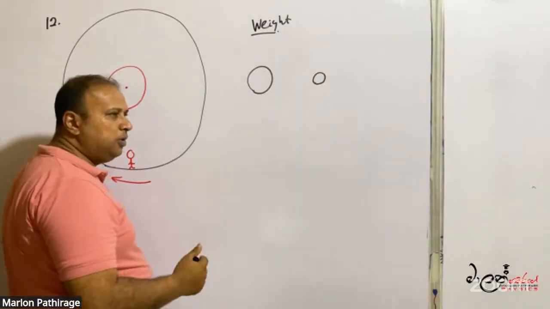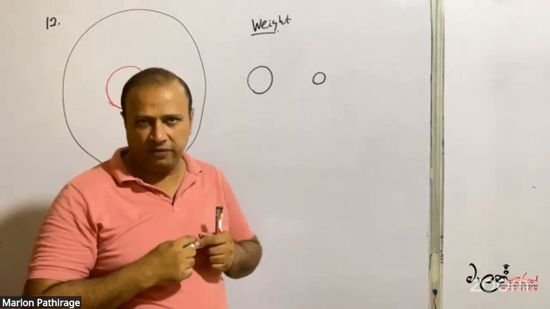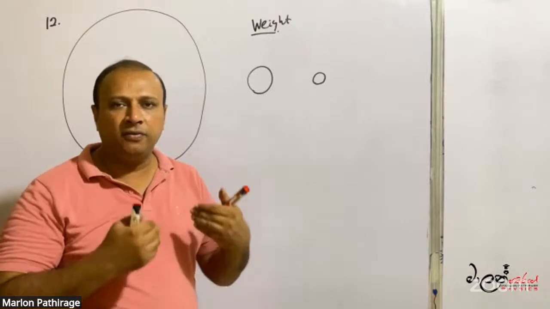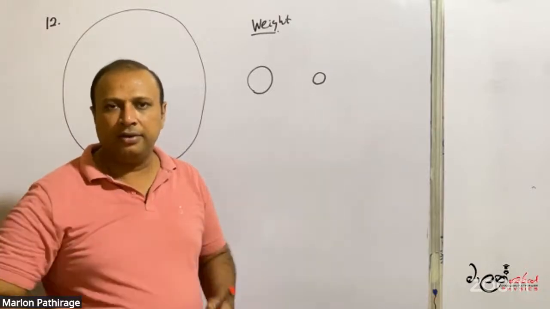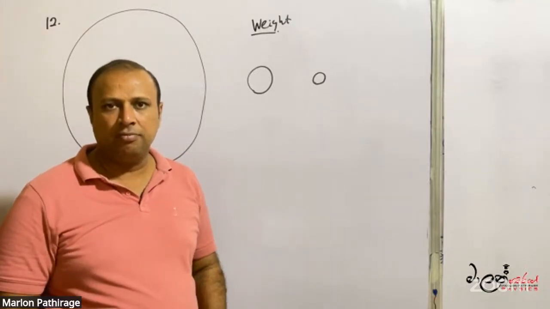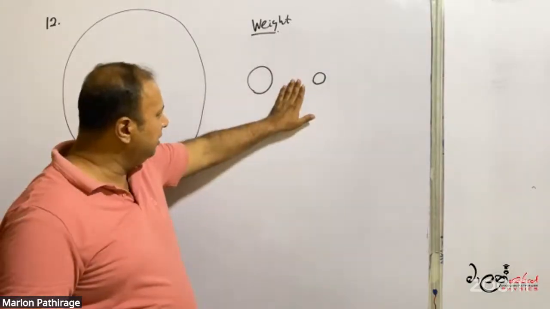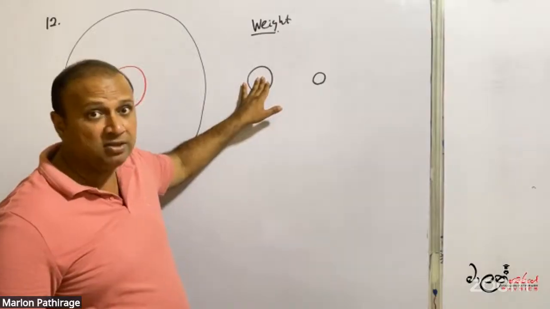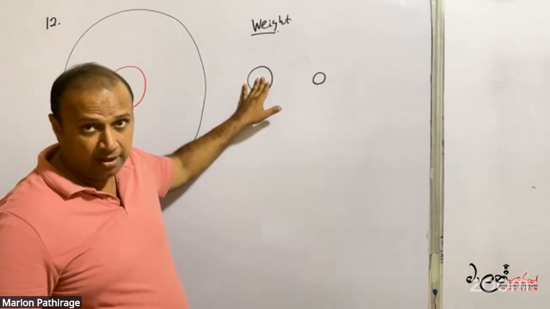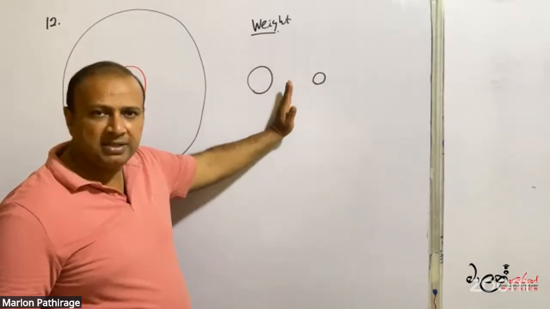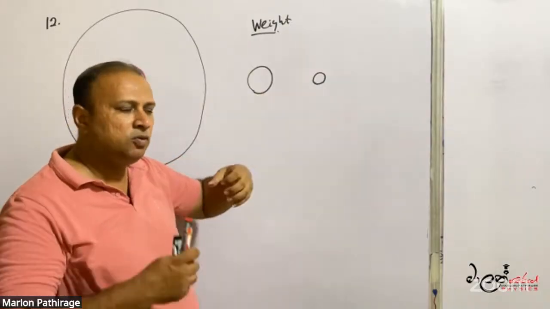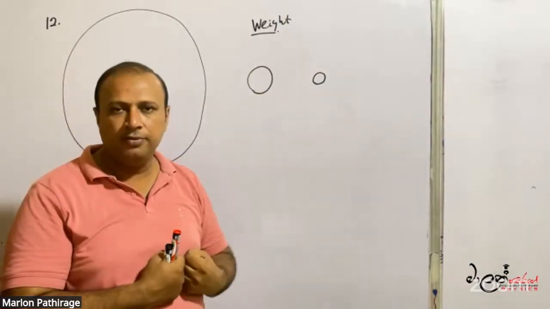The force field created by a mass is called a gravitational field. The force exerted due to the gravitational field is normally called weight.